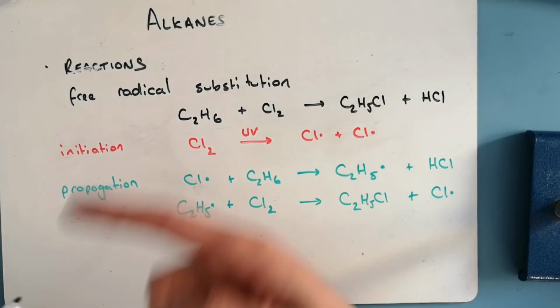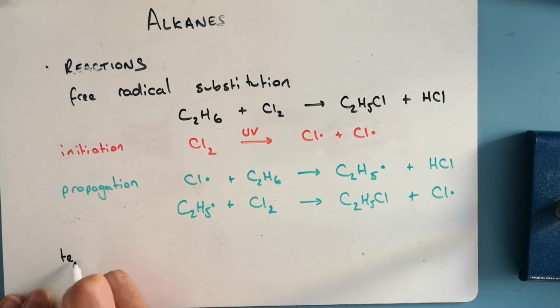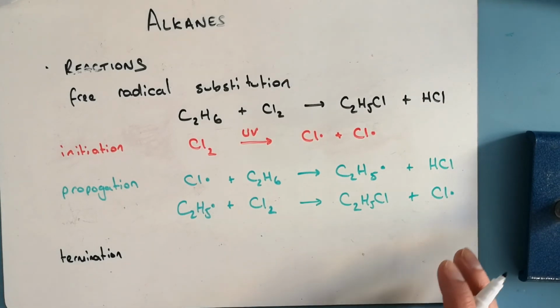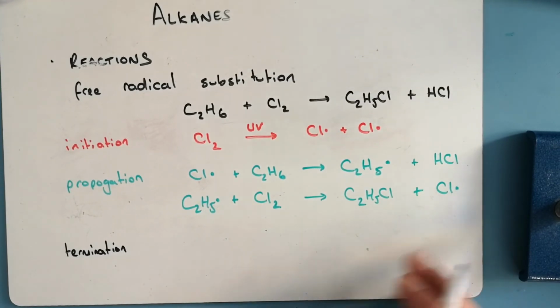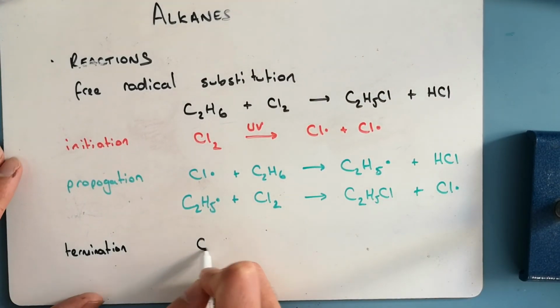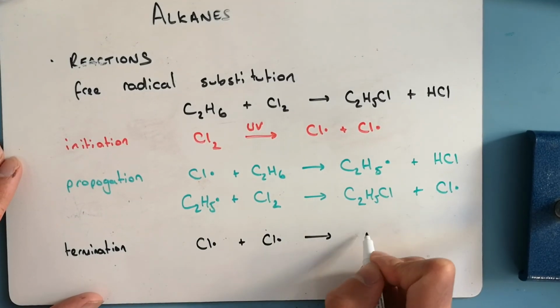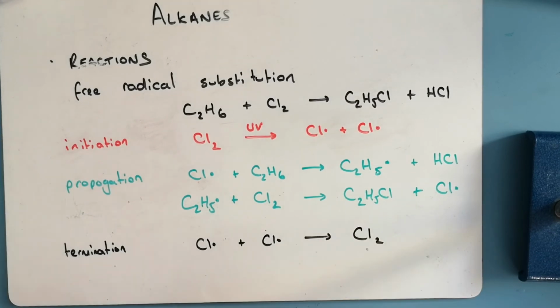And this will go on and on again till either we run out of molecules or we hit a termination step. And there are lots of different termination steps we can have. But the common ones here are if two chlorine free radicals come along and combine back to form chlorine.